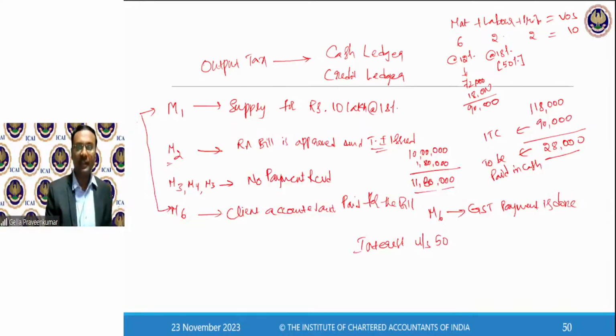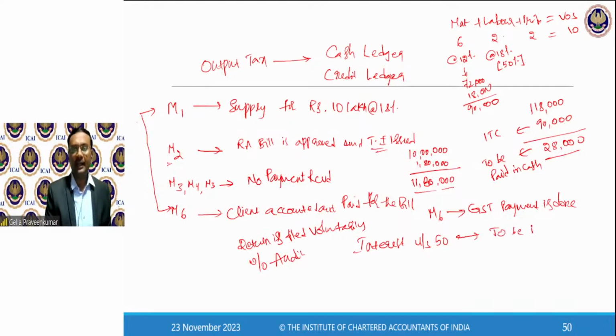So here, the government says that if this return is filed voluntarily, that is, without any audit under section 73 or 74, then interest is to be paid on rupees 28,000 alone.